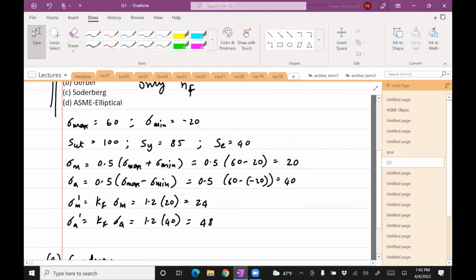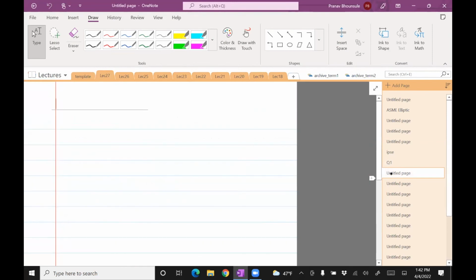Okay, so let's do the second one, which is Gerber. It is a long formula, which is the one which involves a quadratic equation.